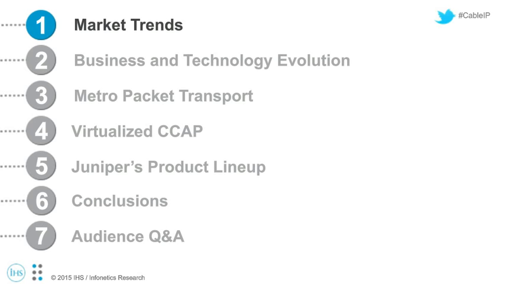Then we're going to have our poll question in between. Then Samir Parikh from Gainspeed is going to talk a little bit about the virtualized CCAP, and he's going to hand things back to Andy to go over specifically Juniper's product lineup for cable operators. I'll come back and wrap things up, and then we'll open the floor to your questions.